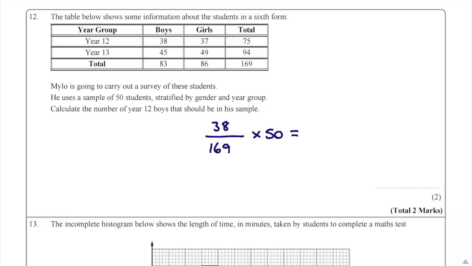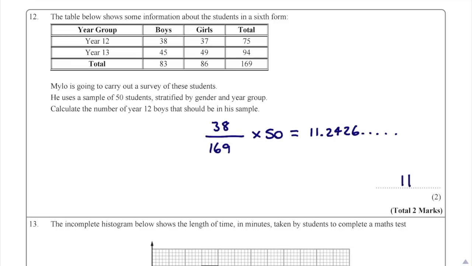So we're going to do 38 over 169 multiplied by 50. And that becomes 11.2426, and so on. Now we can't have 0.2426 of a student, so we're just going to take a sample of 11 boys from year 12.